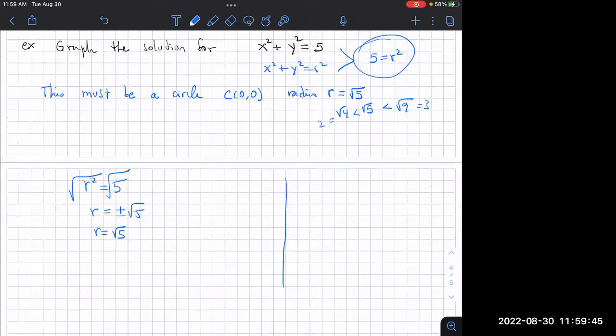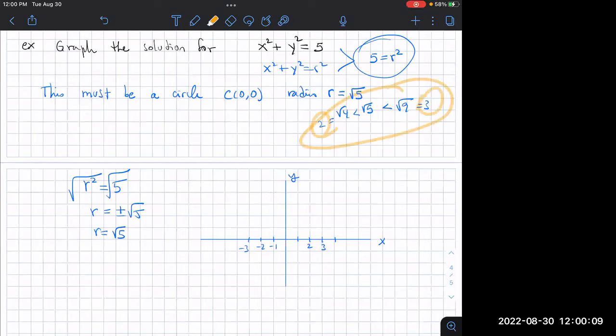Okay. So this is my x and my y axis. 1, 2, 3, 4. So this is between 2 and 3. Negative 1, negative 2, negative 3. Square root of 5 is between 2 and 3, so I'm not going to ask you to be very exact.